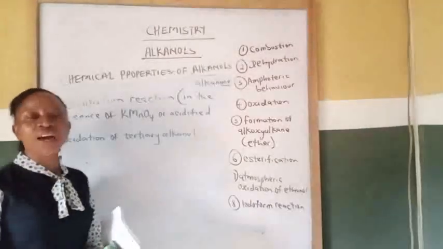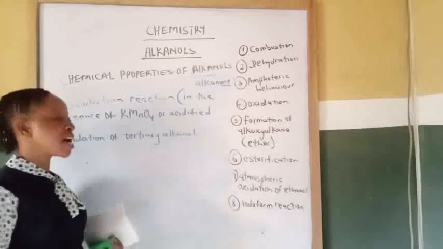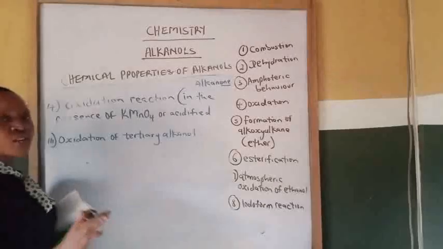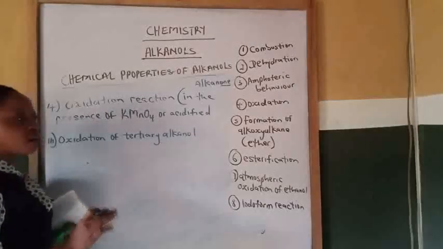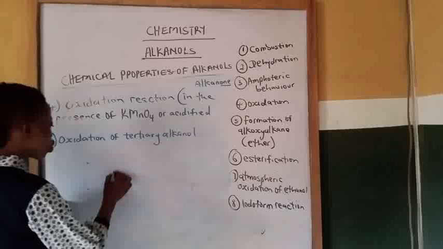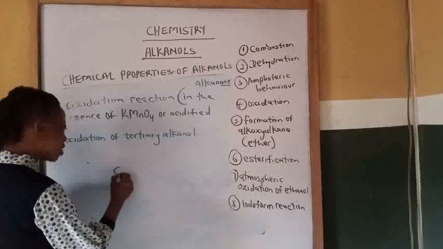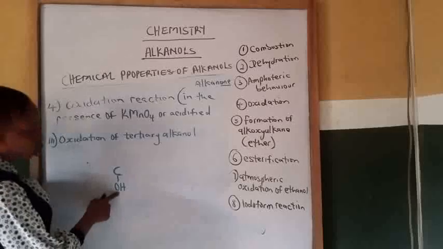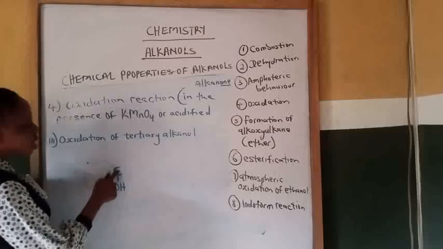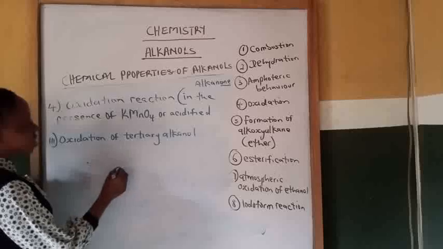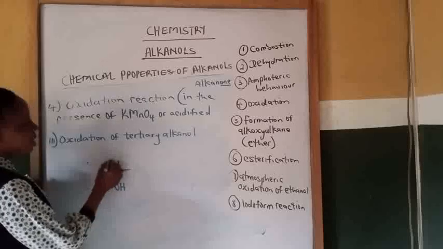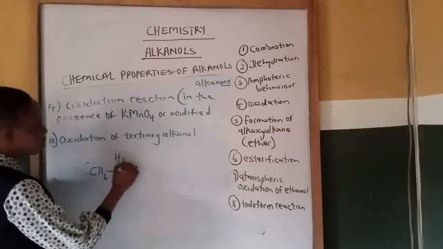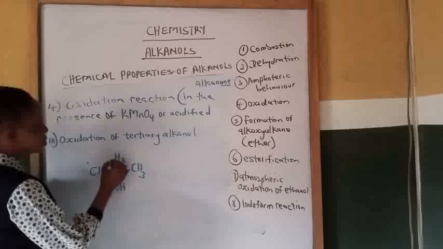This is when 3 alkyl groups are bonded to the carbon atom holding your functional group. So our target will be the carbon atom that is holding my functional group, that is the hydroxy group. Then 3 alkyl groups will be bonded to this carbon atom, 1, 2, 3. Let me use CH3 here.